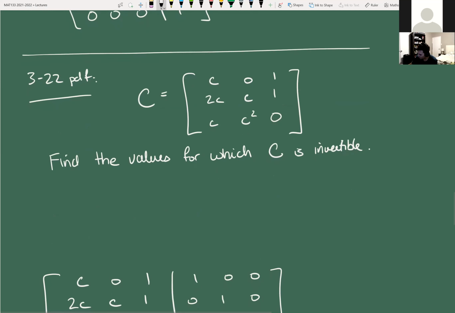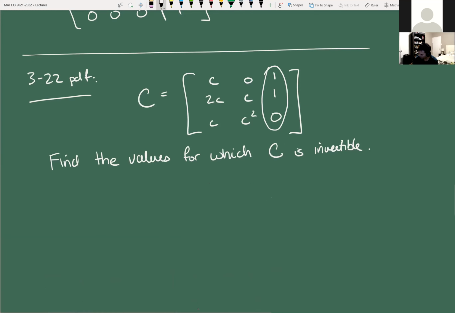And let's say I obviously choose one of the things that has a 0 in it. So let's say I expand over the third column.